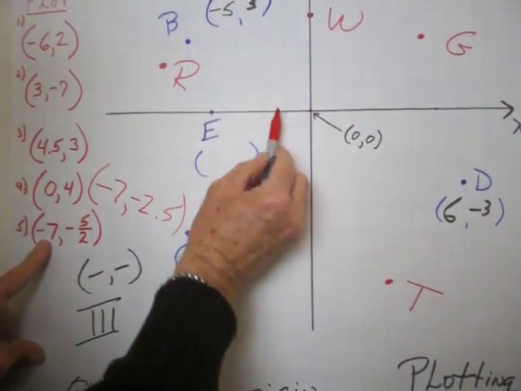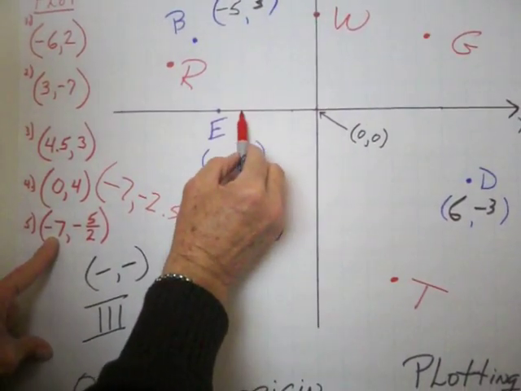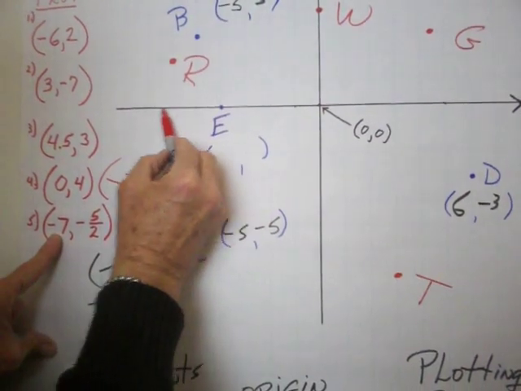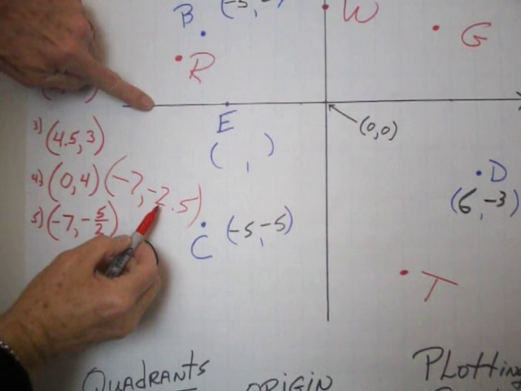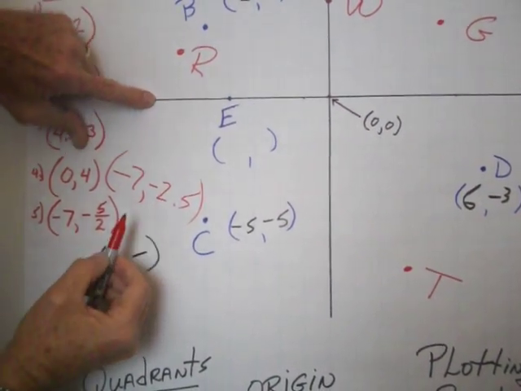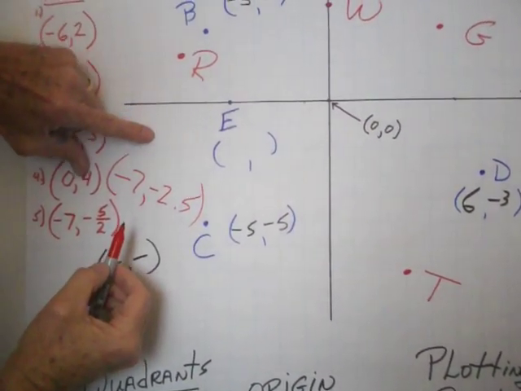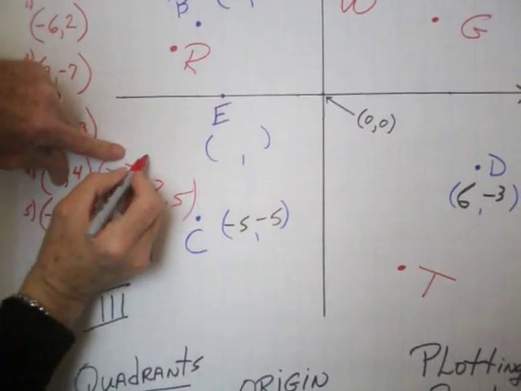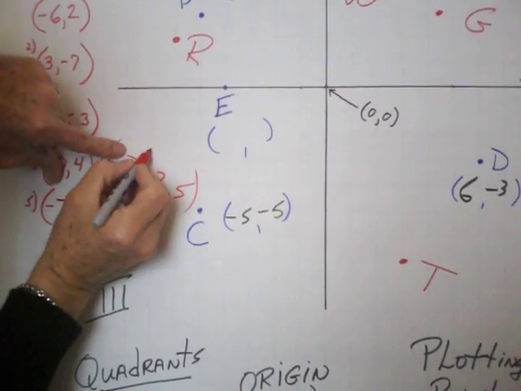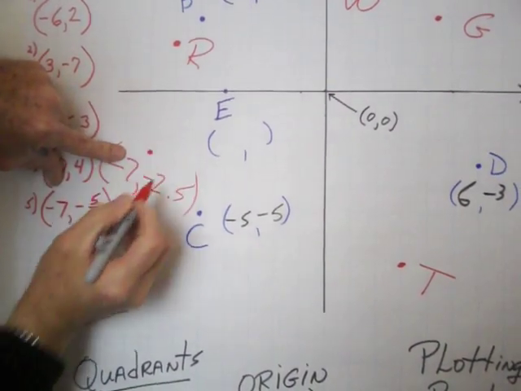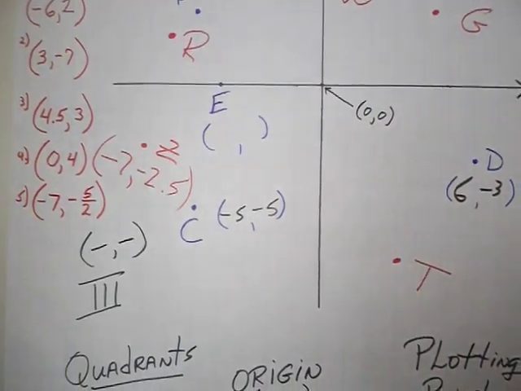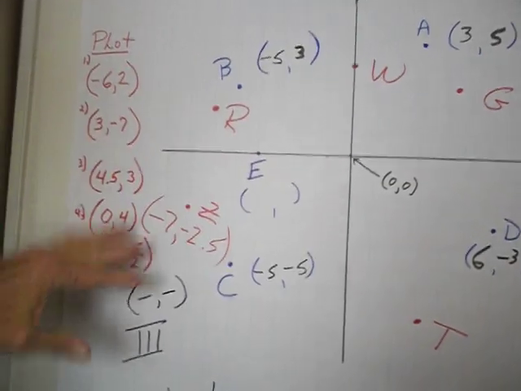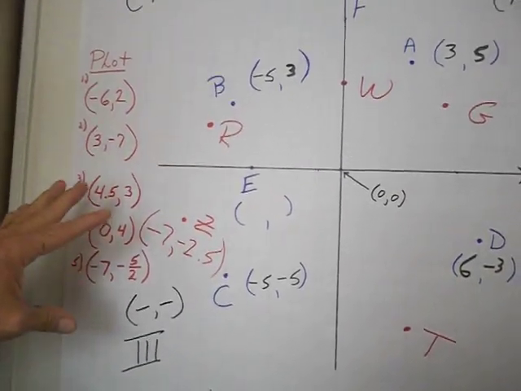X is negative 7: negative 1, negative 2, negative 3, 4, 5, 6, 7. And then we'll go down a negative 2.5 units. Negative 1, negative 2, and go down a half of that next unit right about there. And I'll just go ahead and give it point Z. It is critical that we are able to plot points.